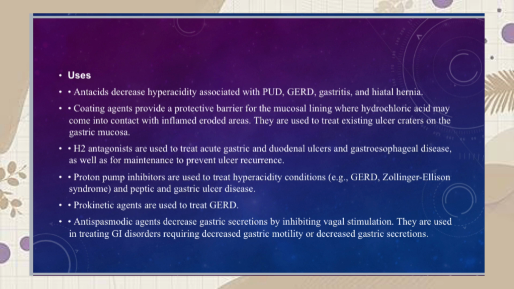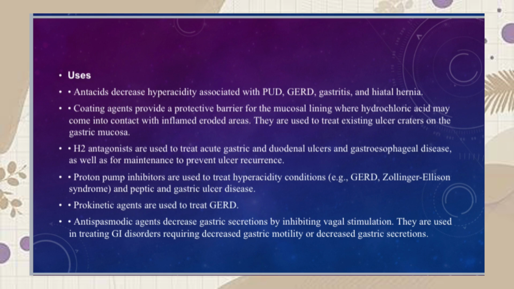Uses: antacids decrease hyperacidity associated with PUD, GERD, gastritis, and hiatal hernia. Coating agents provide a protective barrier for the mucosal lining where hydrochloric acid may come into contact with inflamed, eroded areas. They are used to treat existing ulcer craters on the gastric mucosa.